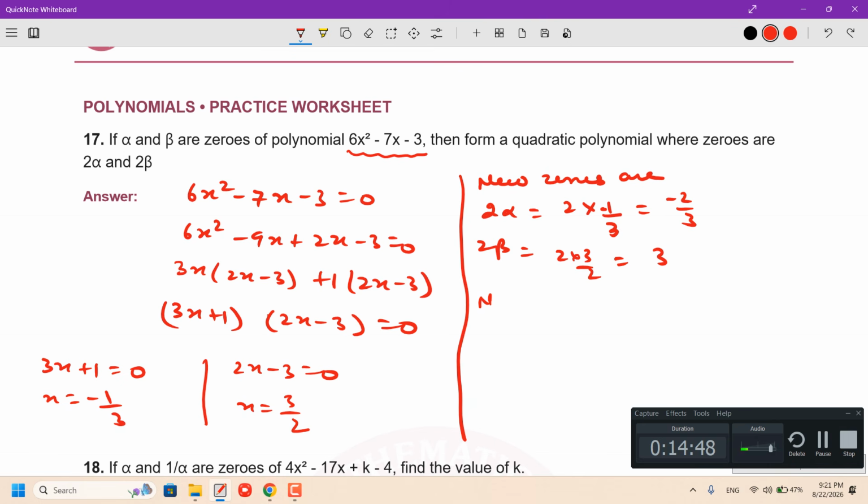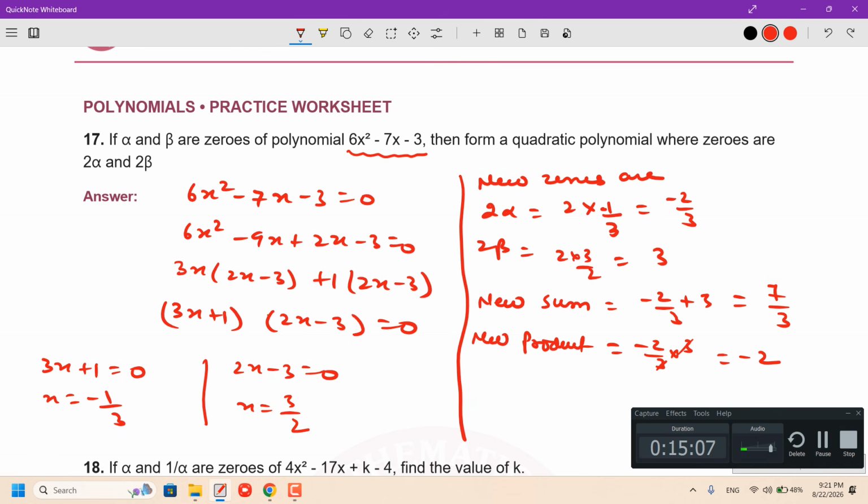Now the new sum is minus 2 by 3 plus 3, that is 3 3s are 9, 7 by 3, and the new product is minus 2 by 3 into 3, which is minus 2.